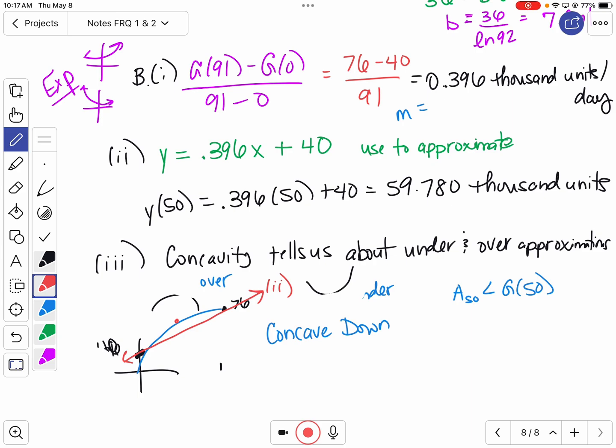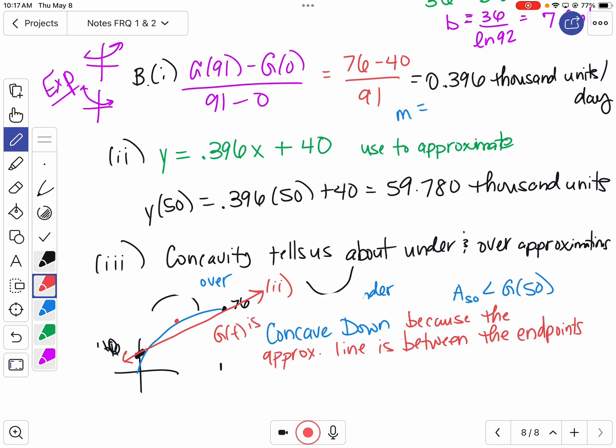So even though it's concave down, because we use the secant, or because we did the approximation between the endpoints, we would say G of t is concave down, and because the approximation line is between the endpoints, then A of t is less than G of t on the entire interval.